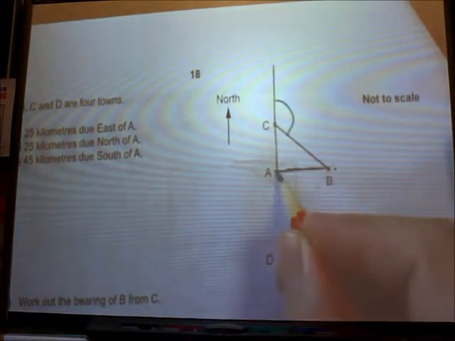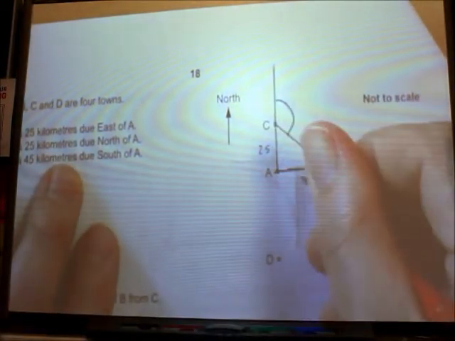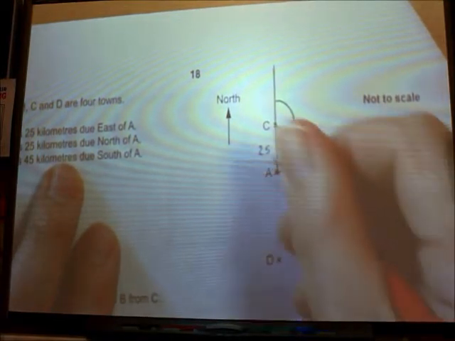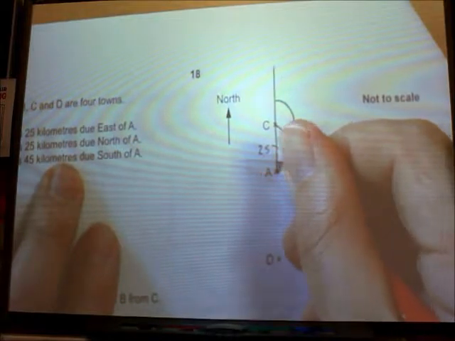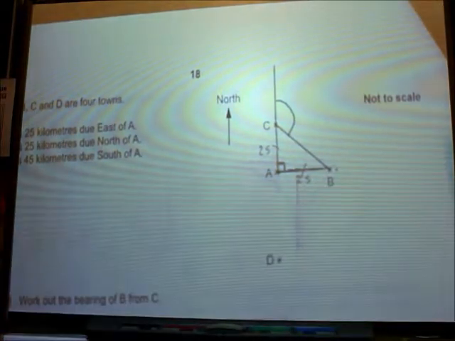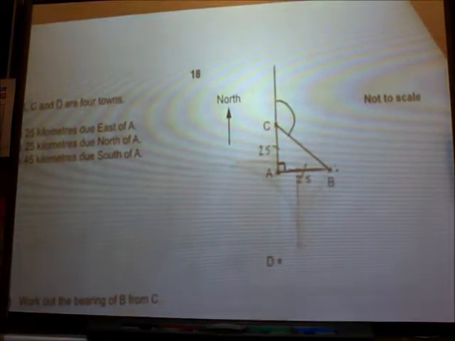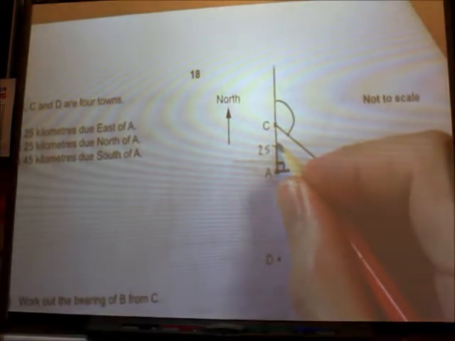I know it doesn't look like it, but it says they're both 25. So if they're both 25, it actually makes that triangle an isosceles triangle. There. And because those two are the same length, it means that these two angles at the end are also going to be the same.